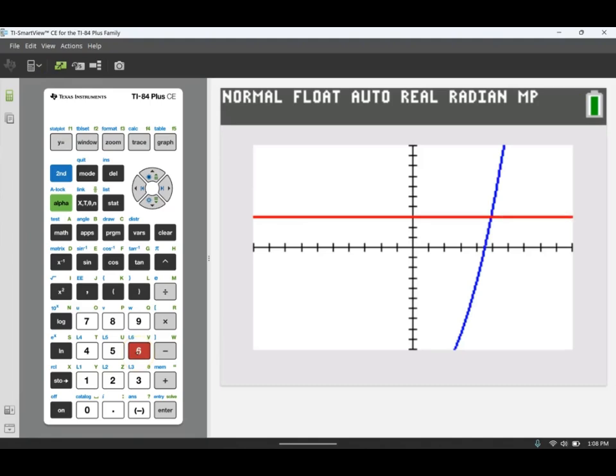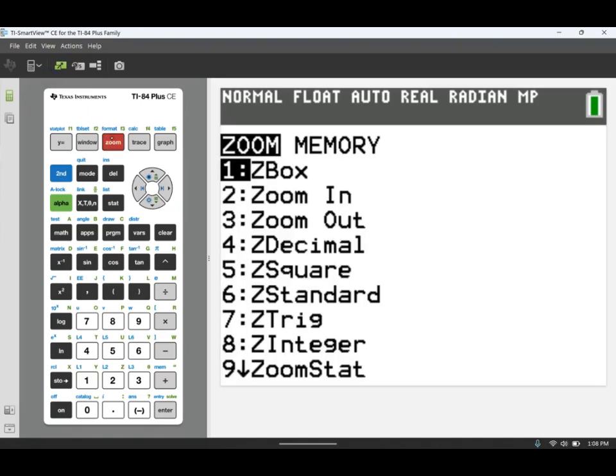We have an intersection. However, we need to make sure that's not the only intersection. So what might we want to do with our graph? Zoom out, right? Now, if this was Desmos, remember, Desmos will be allowed. You could just easily zoom out, pinch it out, if you have a touch screen. Here, I have to go zoom and then zoom out, number 3.